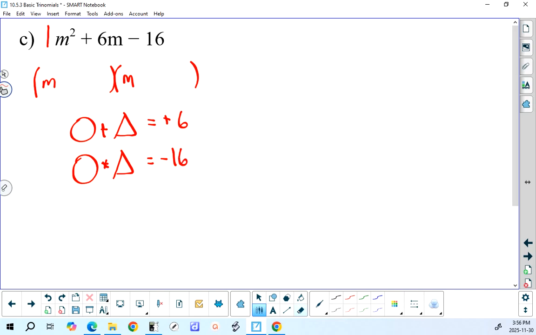So every pair of numbers I write will multiply to give negative 16. I don't need to check them. I'm using these numbers because they multiply to give negative 16. So this works. What about negative 1 plus 16? Well, I don't need to write down what that is. It is not going to give me 6, which is what I want.